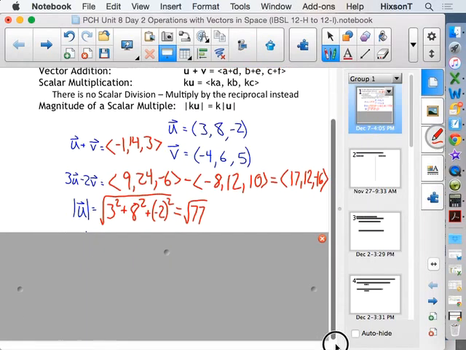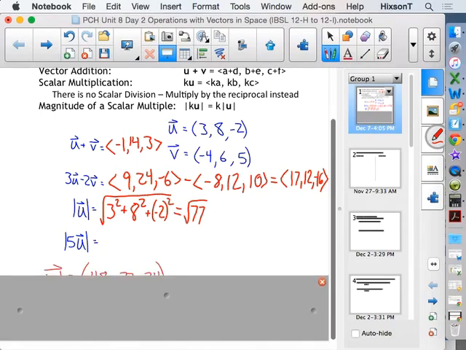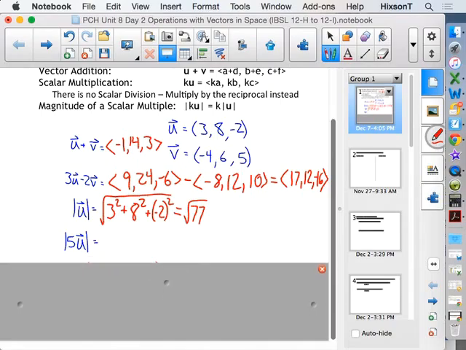Alright, so now, without finding what 5u is, what's the magnitude of 5u? 5 times root 77. Yeah. The magnitude of 5u is the same thing as 5 times the magnitude of u. So that's 5 root 77.